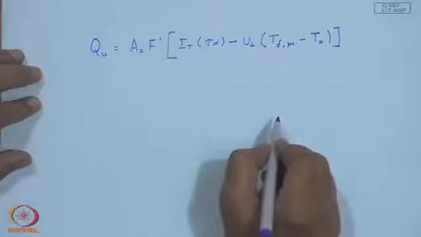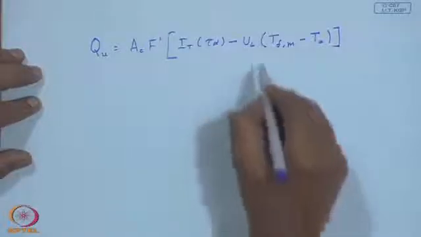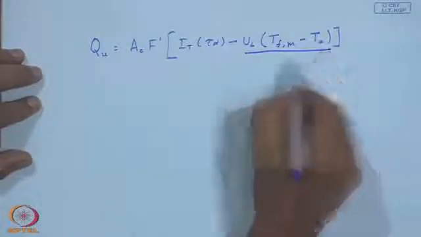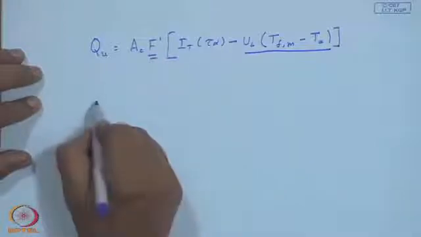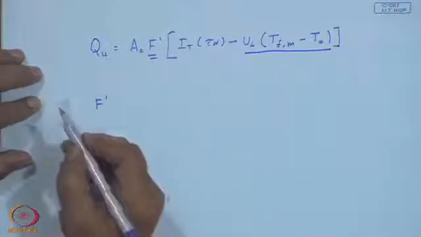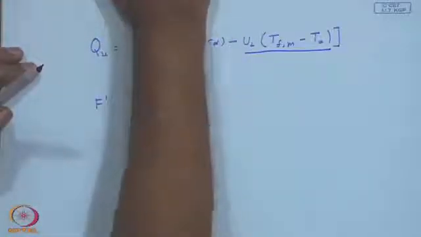So, instead of T p I represented T f m. So, this is an underestimate. So, to compensate that, this F dashed, the collector efficiency factor, is introduced. We shall have the definition a little later.